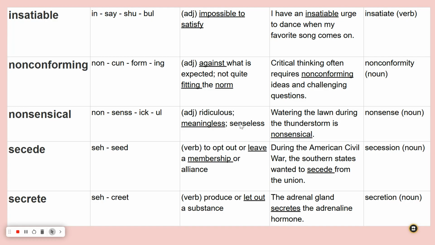Diffuse is kind of to spread out. Secrete is more like leaking, dripping, oozing, gushing. The adrenal gland secretes the adrenaline hormone, and that is on your kidneys, I believe. And then a secretion is the thing that gets oozed out, the thing that gets secreted.